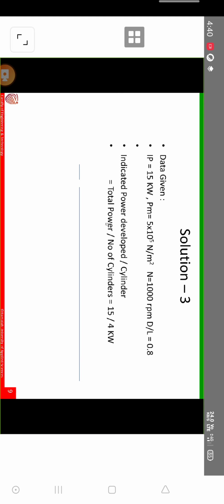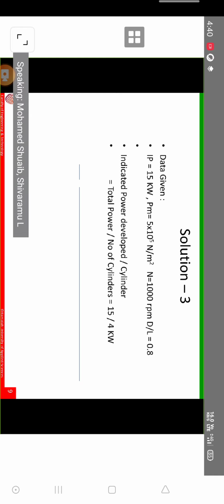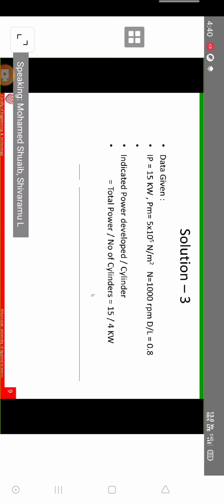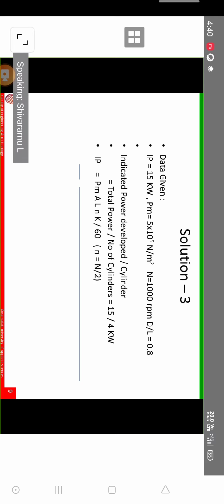Total power is 15 divided by the number of cylinders, 4. That means instead of taking 4 cylinders, here they have converted it into a single cylinder. If you divide this indicated power by 4, you will get per cylinder indicated power. Then you can take K value as 1, or else if you take 15 as the indicated power value, then your K value should be 4. I will show you here.